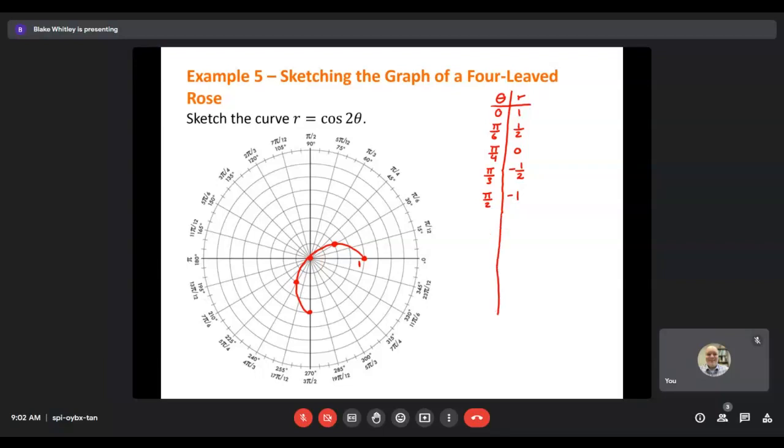So my next value is going to be 2 pi over 3. That gives us negative 1/2. And we'll do 3 pi over 4.